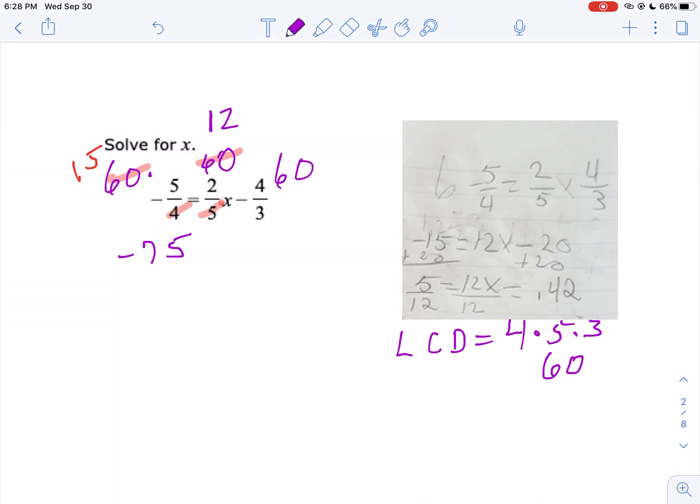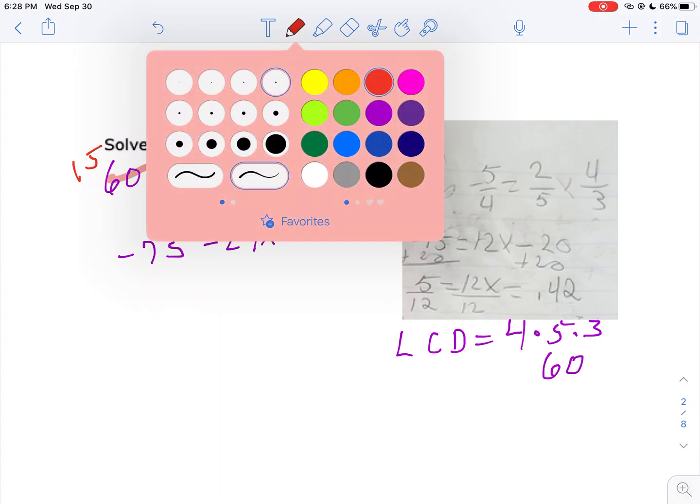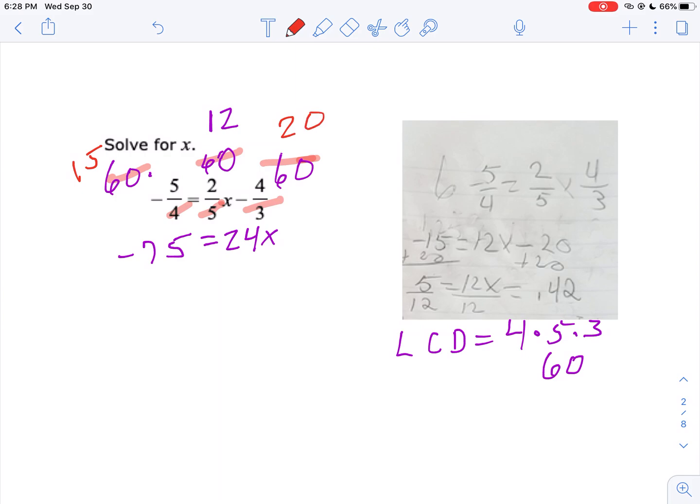So that equals 24x. And then finally, 3 goes into 60 20 times. Now we take 20 times 4, so 20 times 4 is 80. I'll just put it as a negative 80.